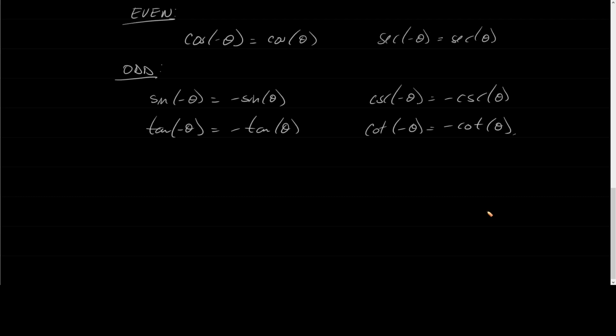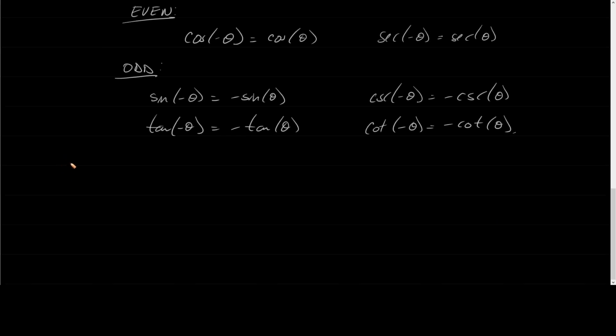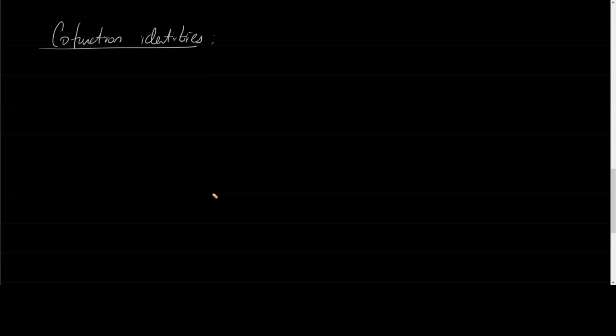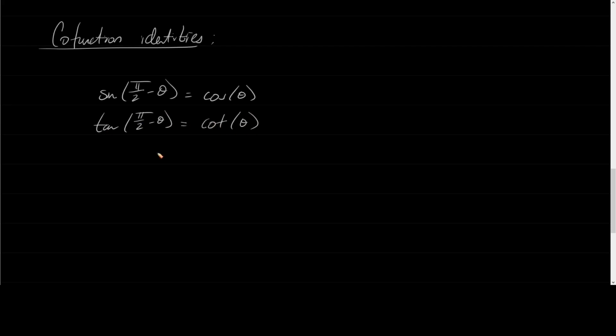Lastly, we'll talk about something called the cofunction identities. And in here, what we're saying is that sine of pi over 2 minus theta is equal to cosine theta. Similarly, tangent of pi over 2 minus theta would be cotangent theta.